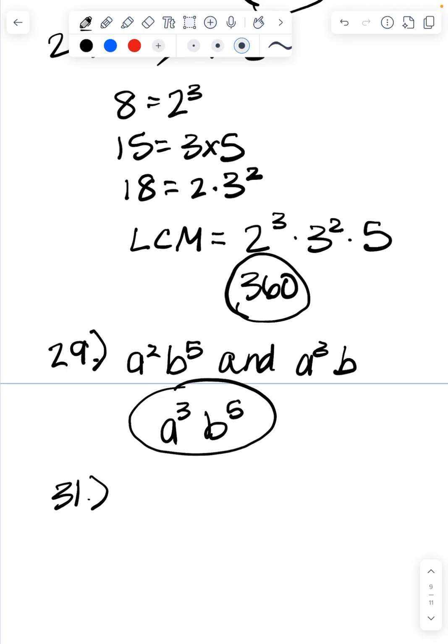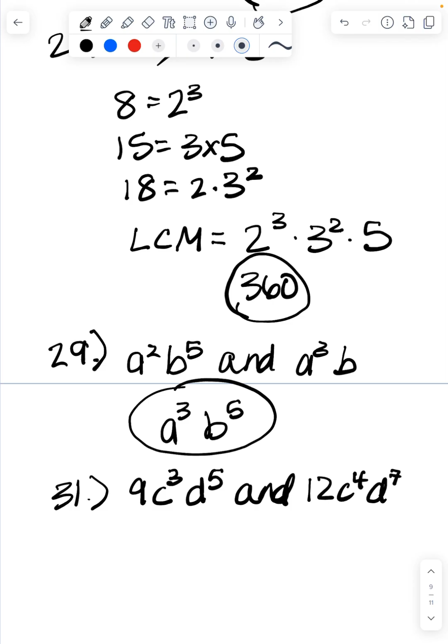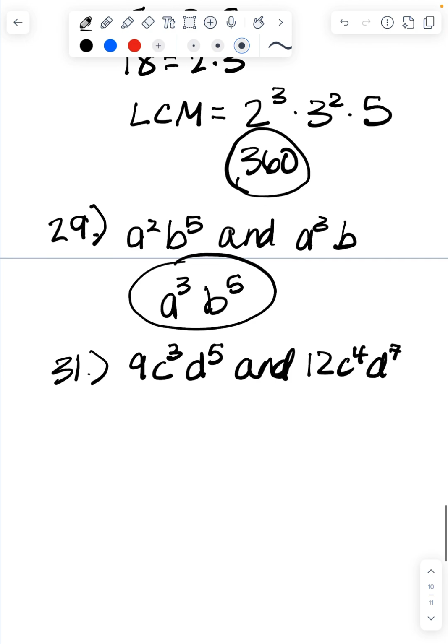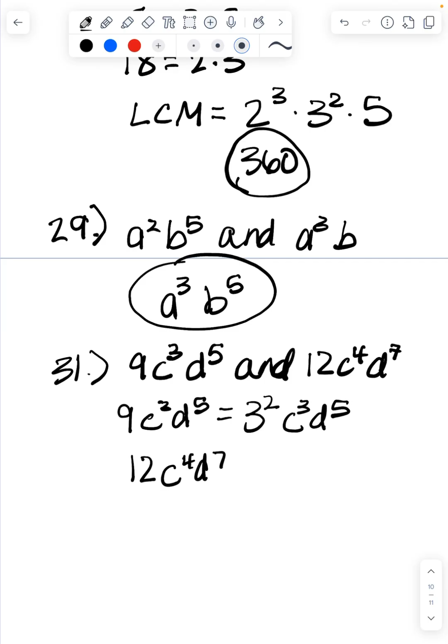Number 31, we've got 9c cubed d to the 5th and 12c to the 4th d to the 7th. Okay, so the 9c cubed d to the 5th is 3 squared. And then the 12 is 2 squared times 3.